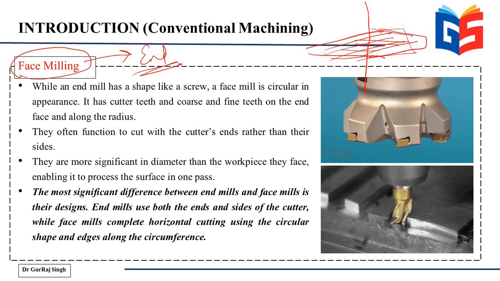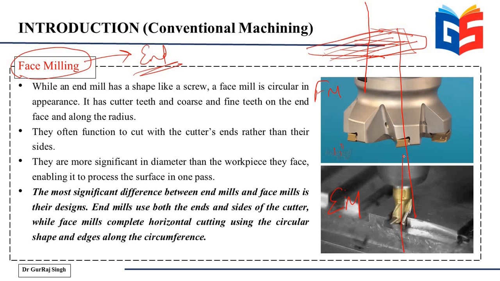So it is perpendicular, like you can see here. But the difference between face milling and end milling can be very easily seen in these two images. The image at the top shows face milling, while the image at the bottom shows end milling. Now in both these cases, the cutter axis is perpendicular to the workpiece.